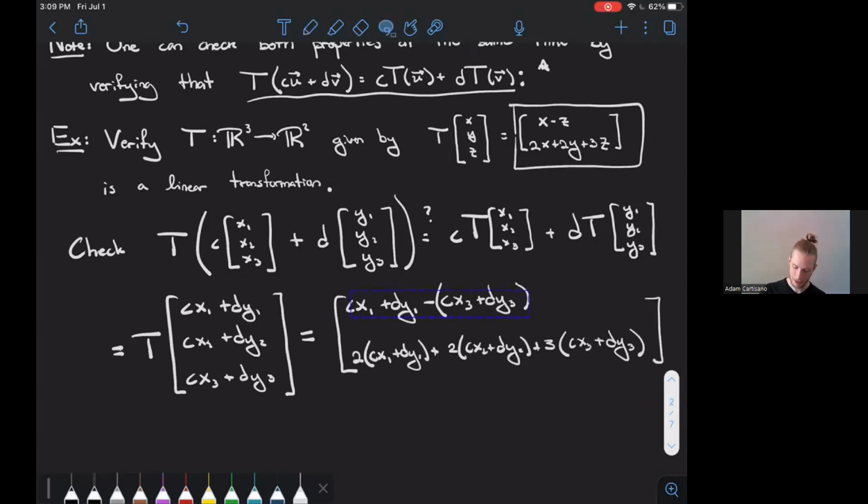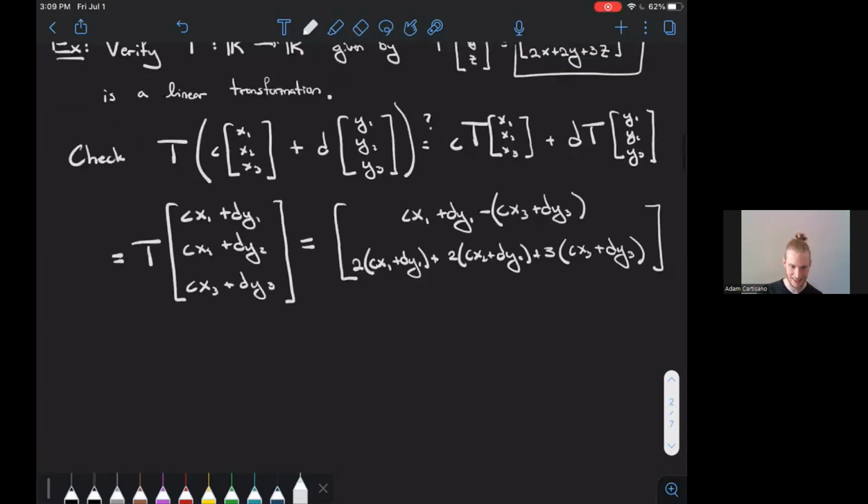Okay. We'll just center this. There we go. Now the question is, are these two equal? Well, we have to do some more work. We're not done.